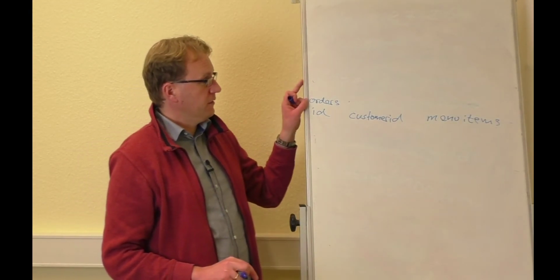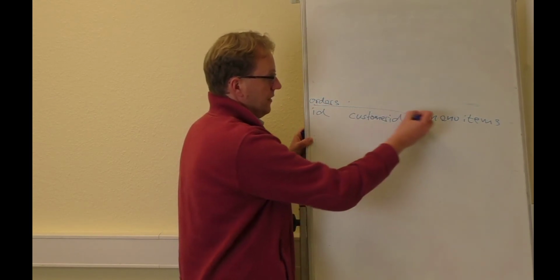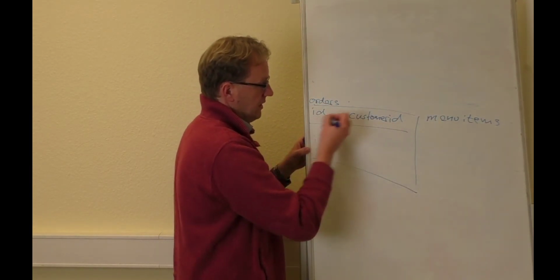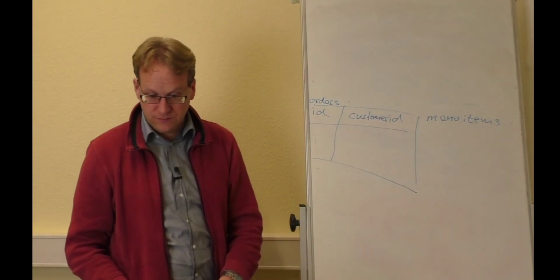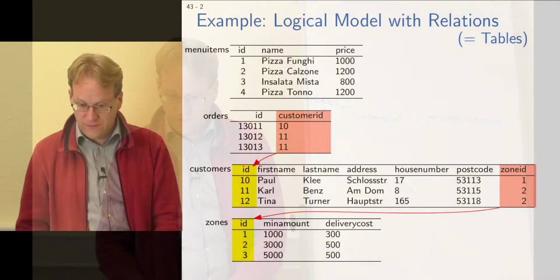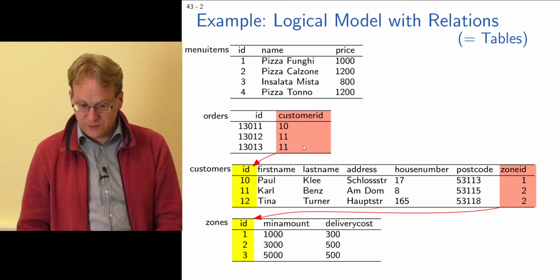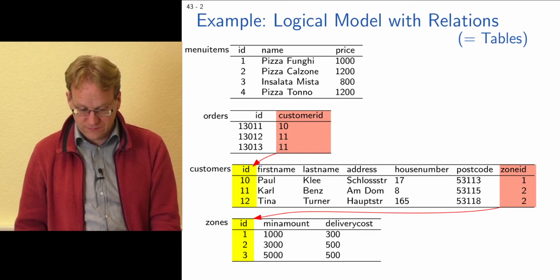We may think of the orders table. That is how I have shown it on my slide, with two columns. So every order has an ID and a customer ID. That is what you can see here.